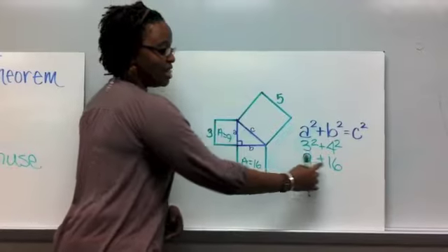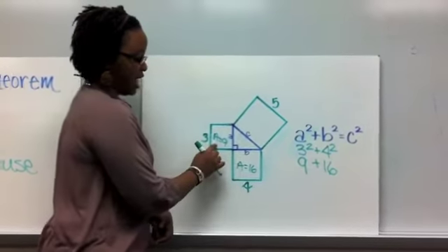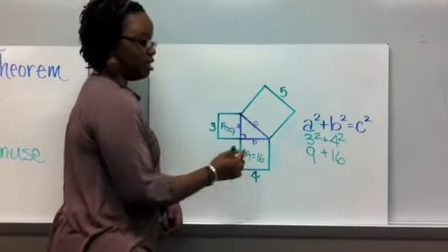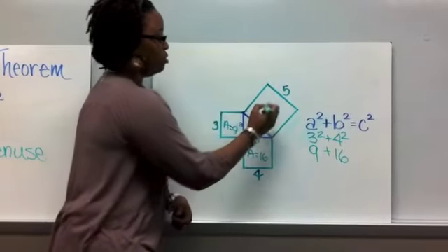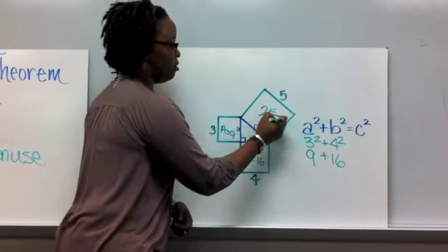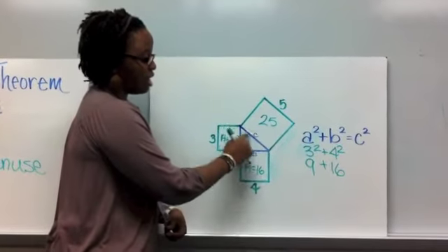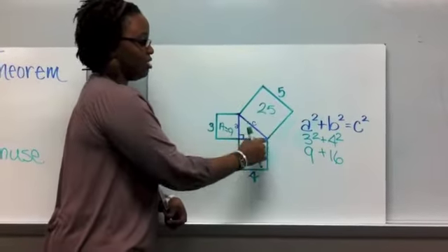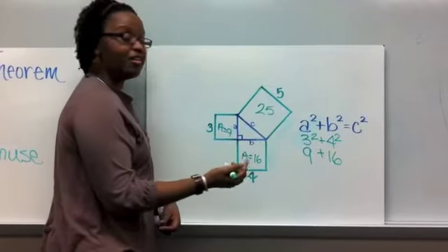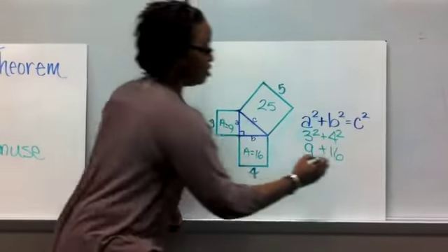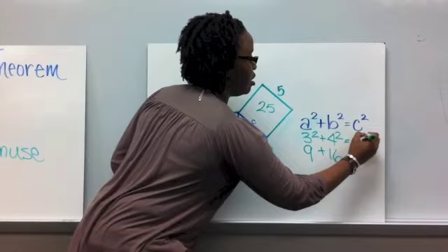When I add the area of these two squares together, 9 plus 16 equals 25. Well, if we take a look at that, this side of the triangle would be a square formed that is 5 squared, or 5 times 5, which gives us 25.